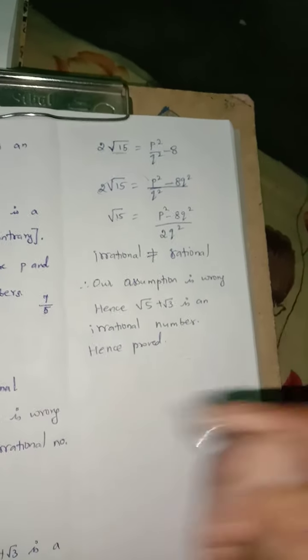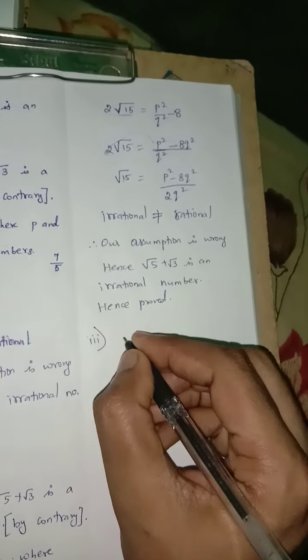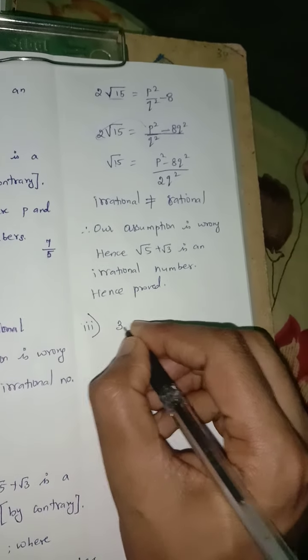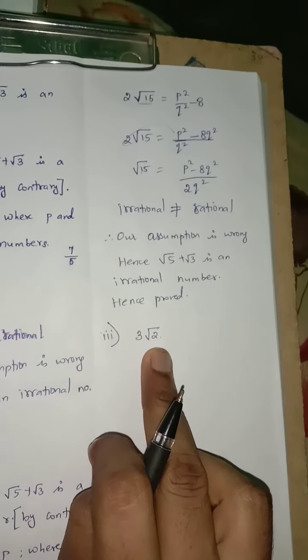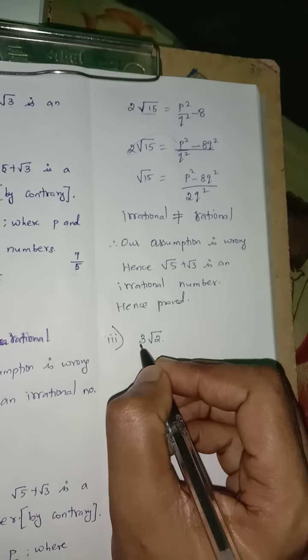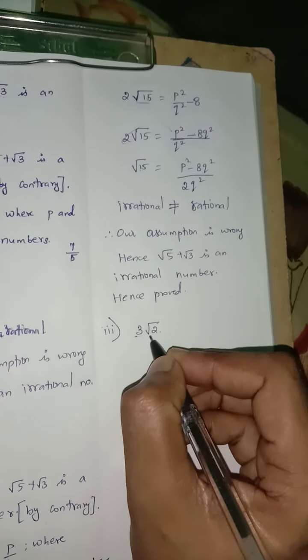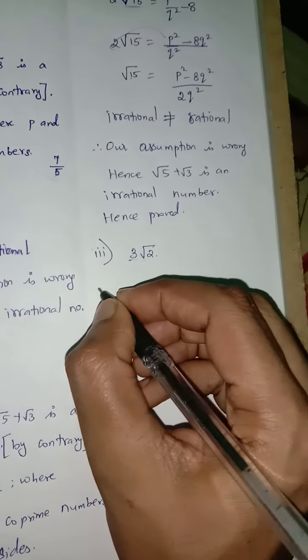That's all. Suppose the question is asked like this, where only one term is there. In this one term, a part of the number is an integer and another is irrational. This is also the same process. So again, the same thing you write.